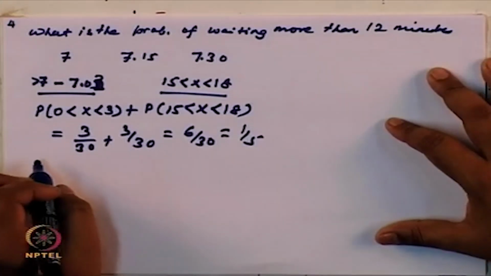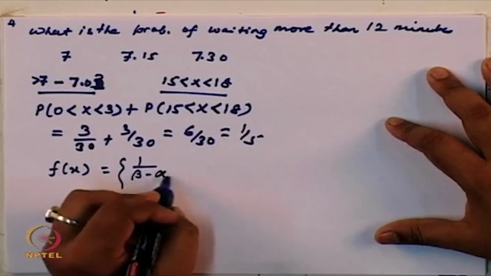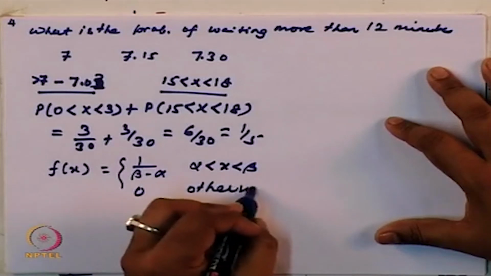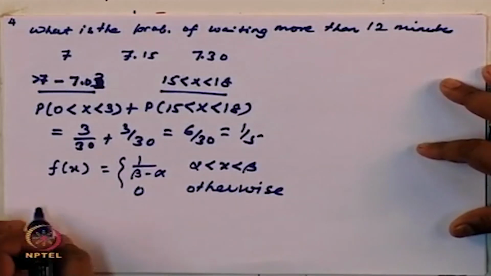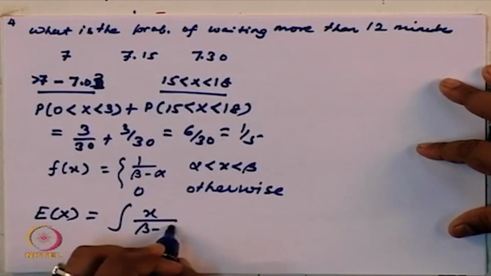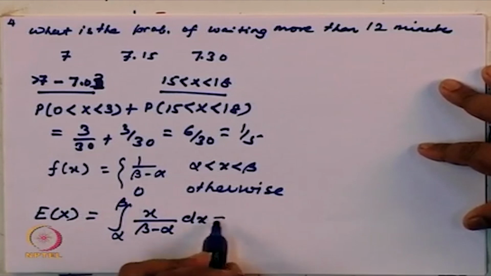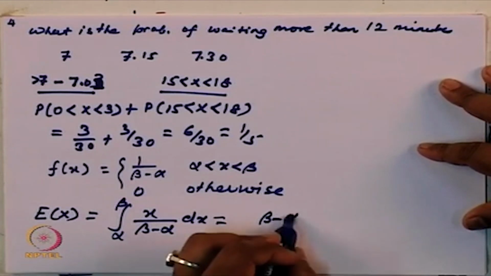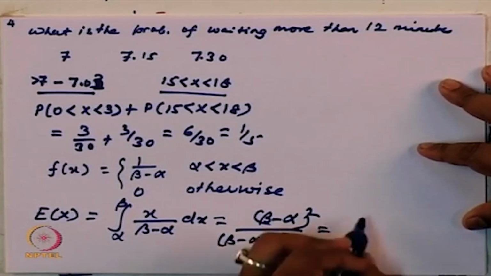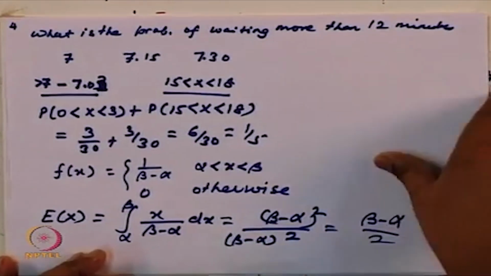So, for a uniform distribution, once again I write this is 1 by beta minus alpha for alpha less than x less than beta and 0 otherwise. You can calculate the expectation of this variable, which is nothing but the integral of x times the density. This will return you a value of beta minus alpha by 2.